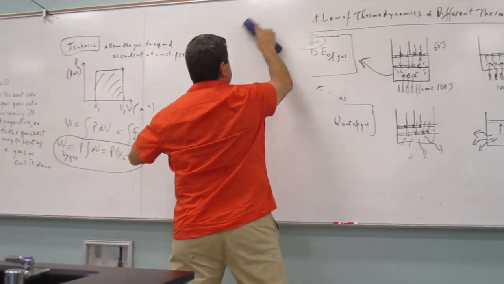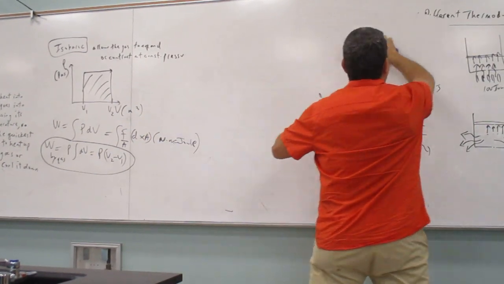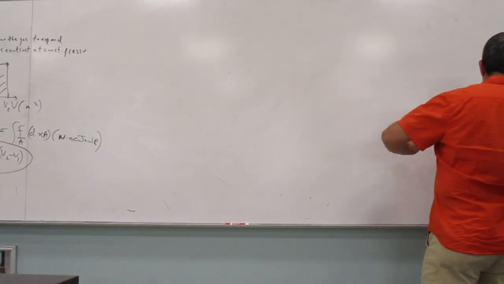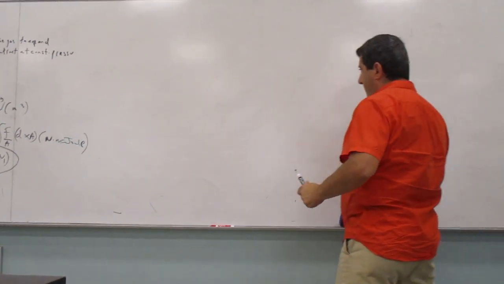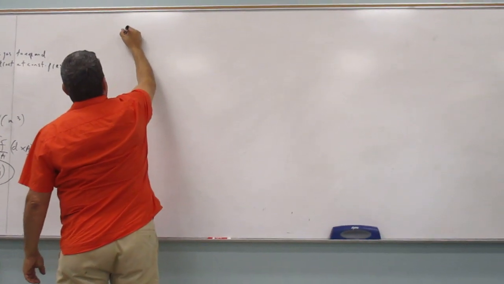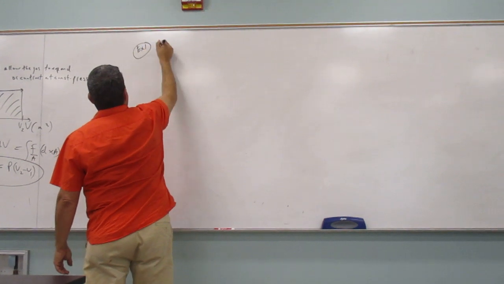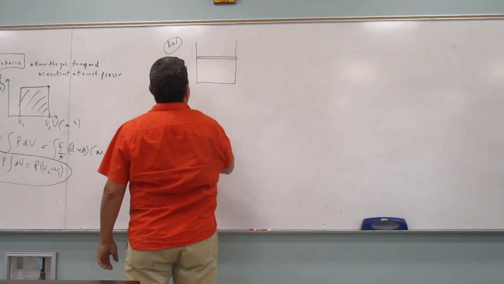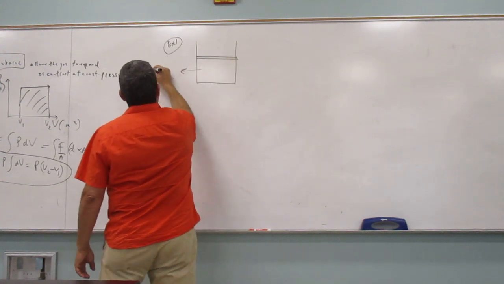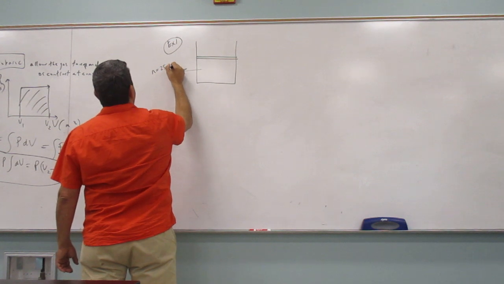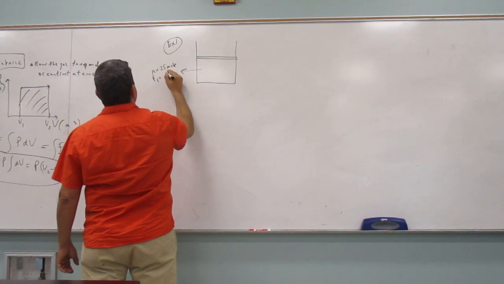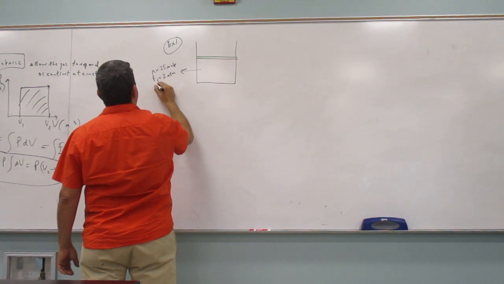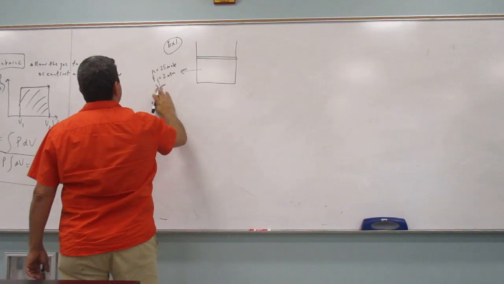So let's do an example and do a whole cycle. Let's take a chamber of gas through a whole cycle. Let's say you have here T1.